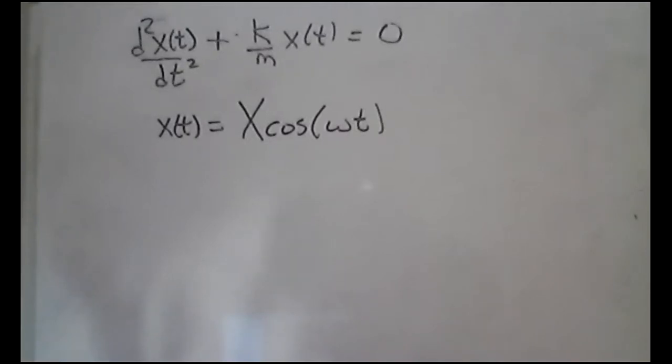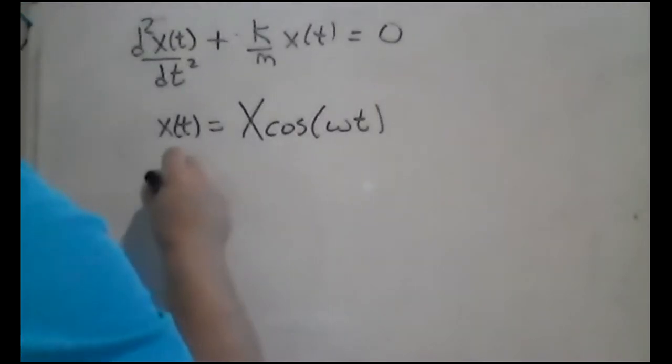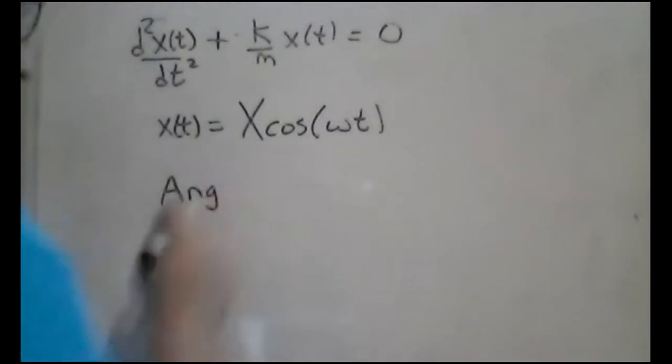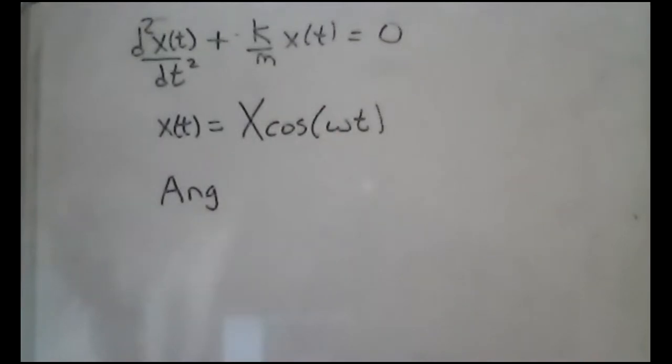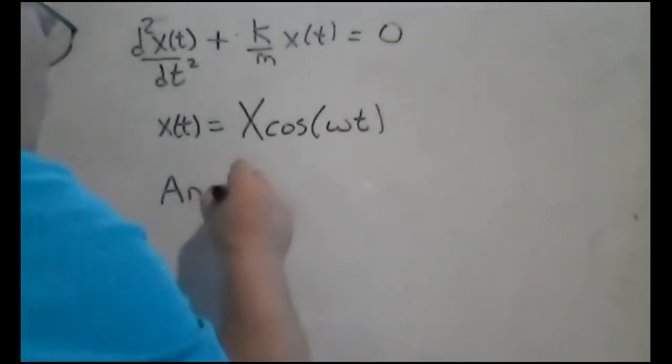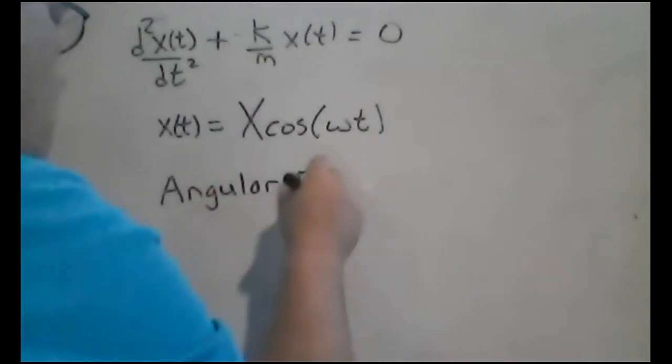This is not an angular velocity whatsoever. This is actually called the angular frequency. Do not get it confused. Unfortunately, it has the same units as angular velocity, and it actually has the same Greek letter as angular velocity. So it's a little confusing. It is something totally different. This is called angular frequency.